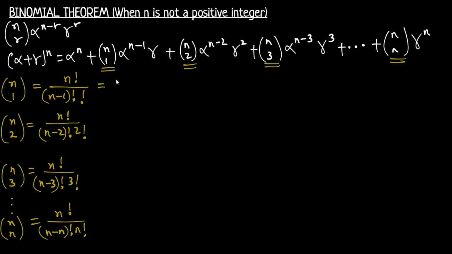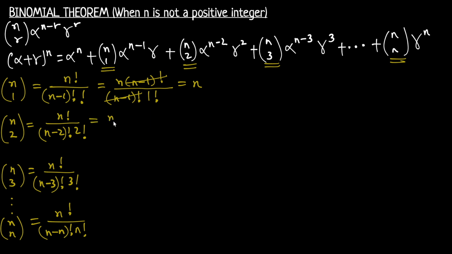Now this is going to be written as n times n minus 1 factorial over n minus 1 factorial 1 factorial. So this cancels this out, and I'll be left with n over 1 factorial. 1 factorial is 1, so this becomes n.